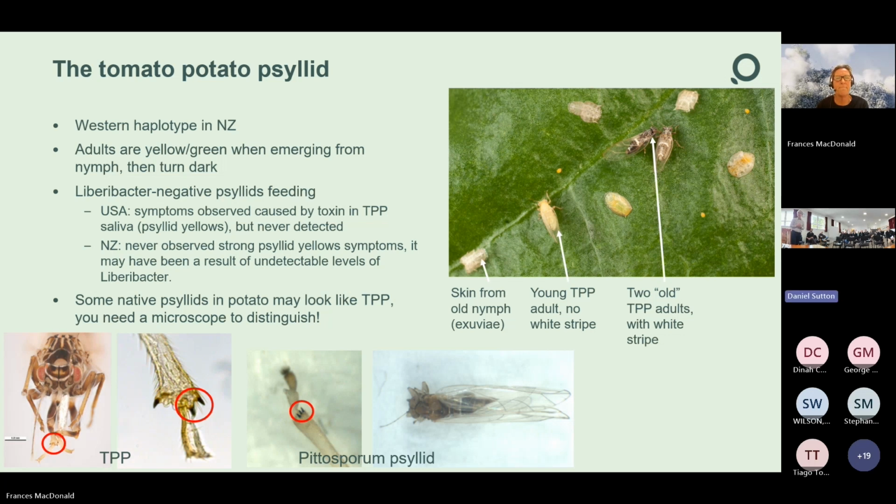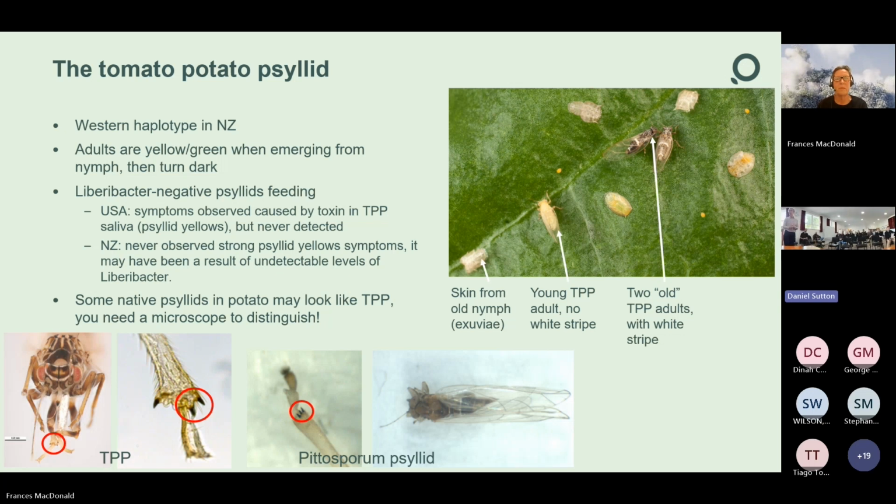The feeding of Liberibacter-negative psyllids: very old and some more recent material from the US say that there is a toxin. They've never found the toxin in the psyllid. They said that the toxin would induce the plant to react, but we do not get the same observations here in New Zealand.